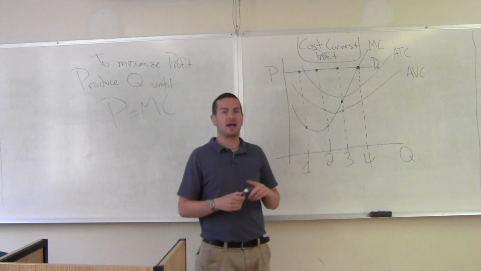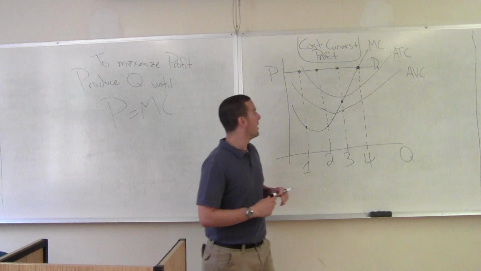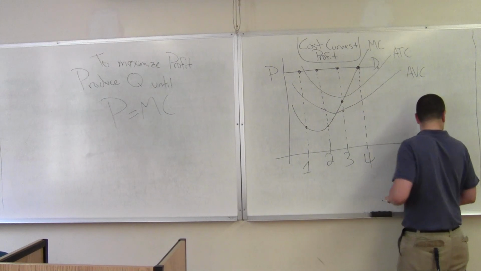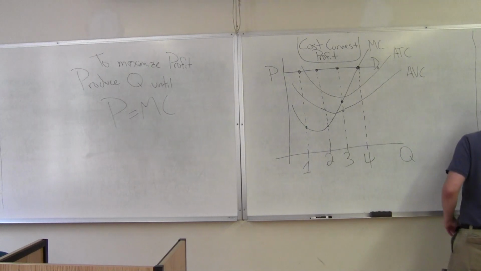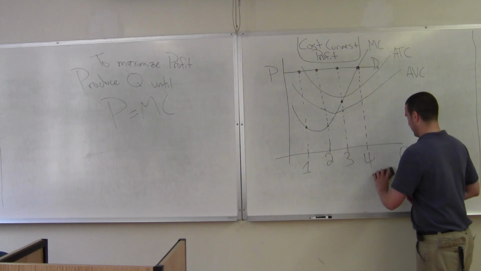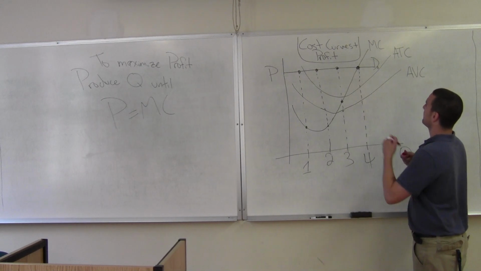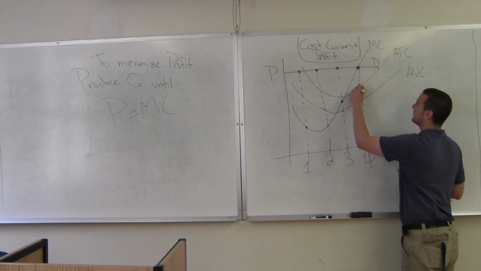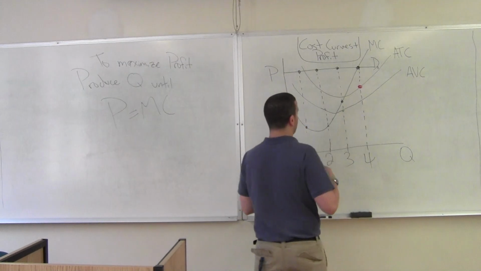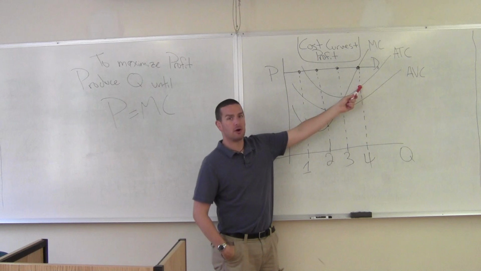Things like that. How do we know you're making profit? Well, at 4 units, let's try this with the red marker. At 4 units of output, this is your average total cost.